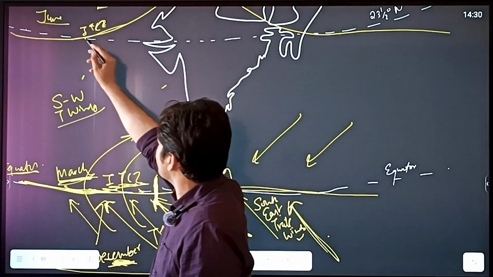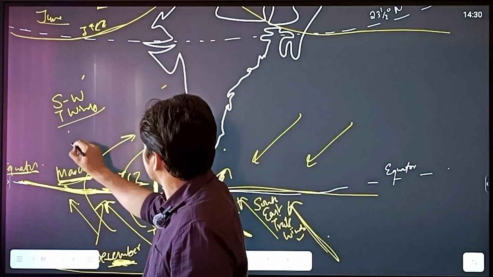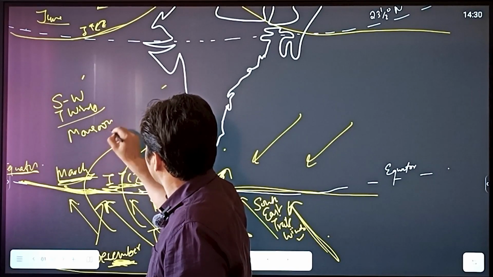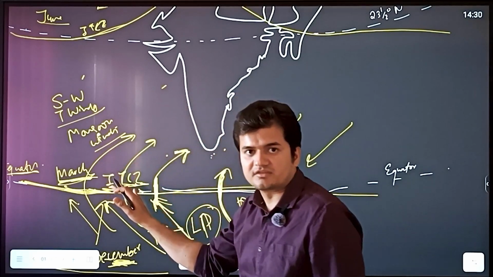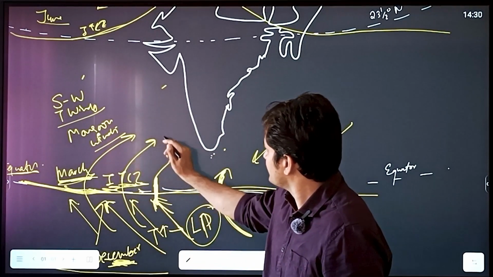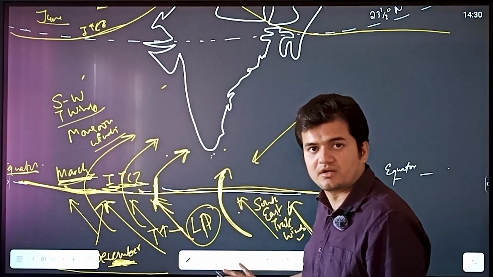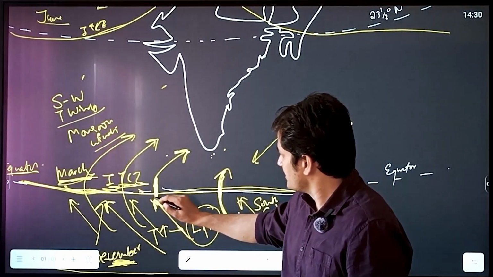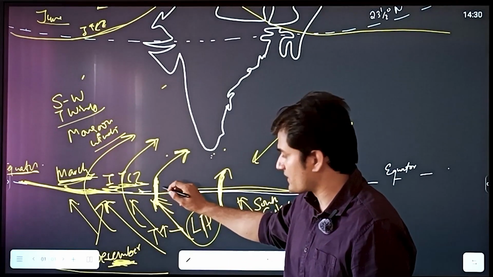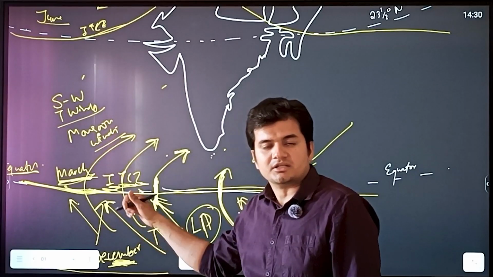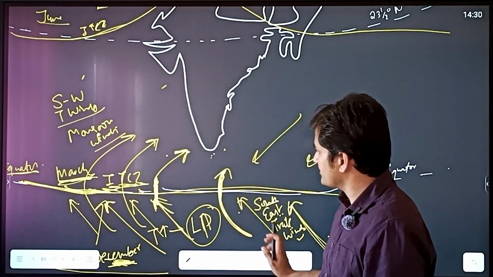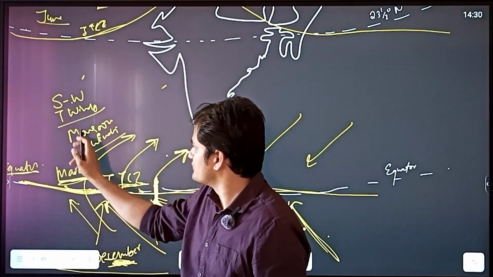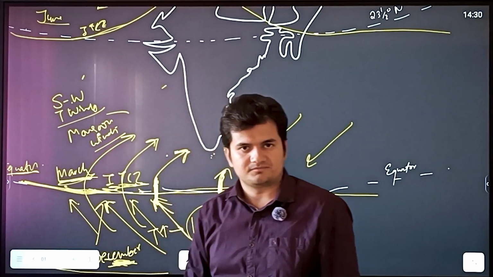So during the month of June, these monsoon winds start to rise from the southern ocean and they begin their journey toward the equator. And when they reach the equator, they deviate from their path and they transform from southeast trade winds to southwest trade winds, which we call monsoon winds.